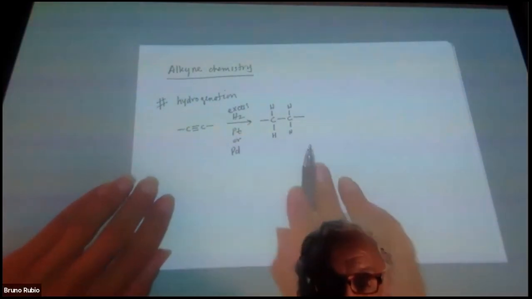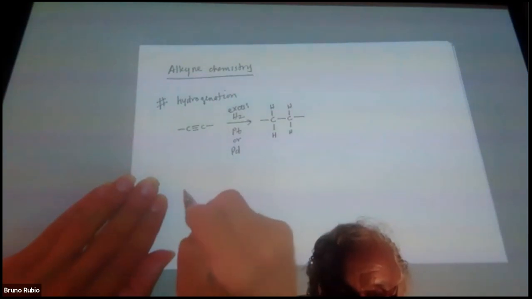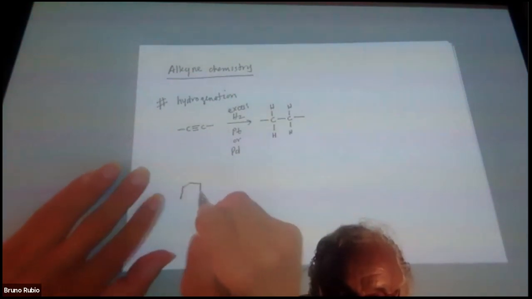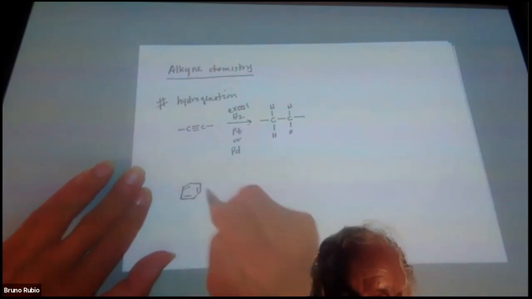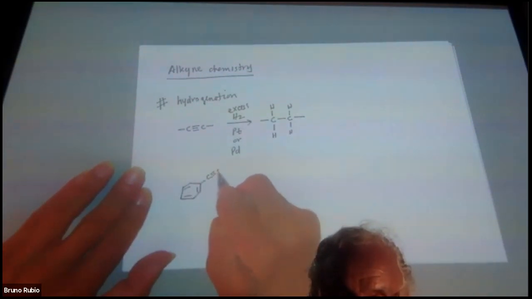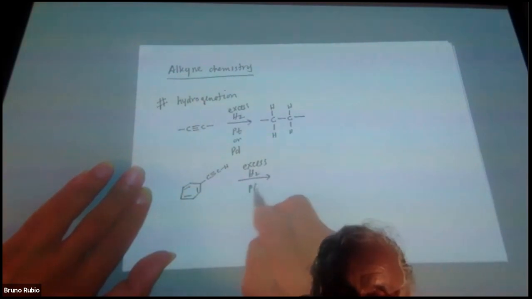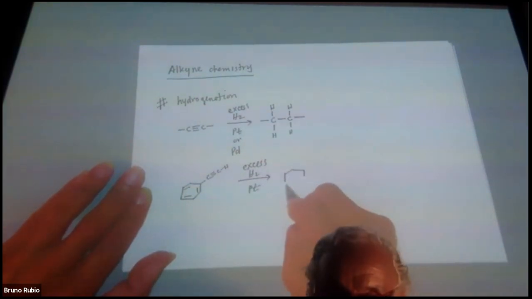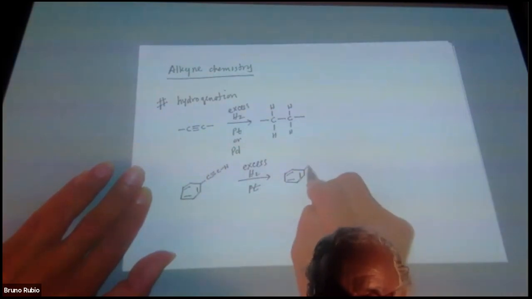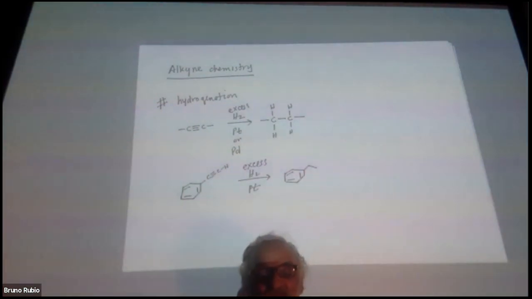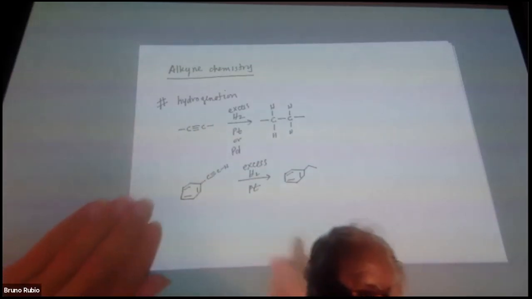So a concrete example of something like this would be, for example, if we were to take this phenylacetylene, react that with excess hydrogen over a platinum catalyst, our product of the reaction here would be ethyl benzene, where that carbon-carbon triple bond has been completely reduced to a carbon-carbon single bond.